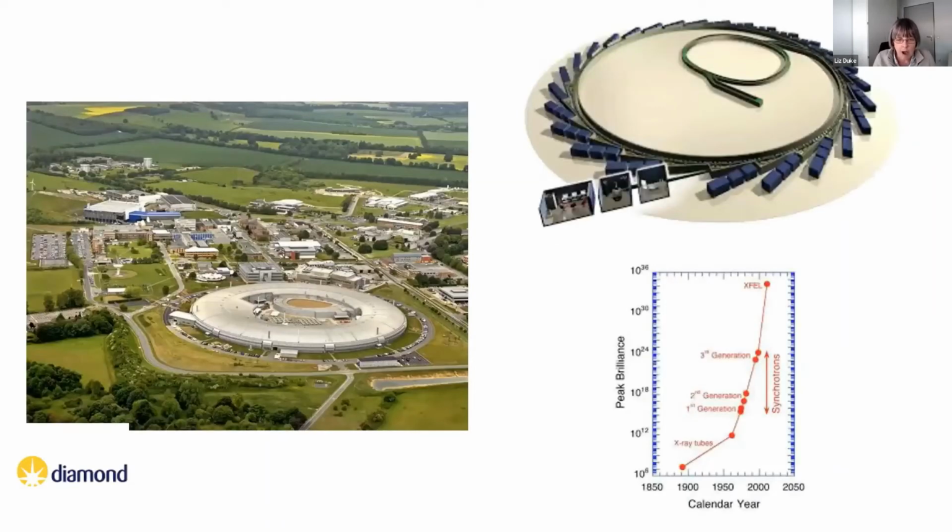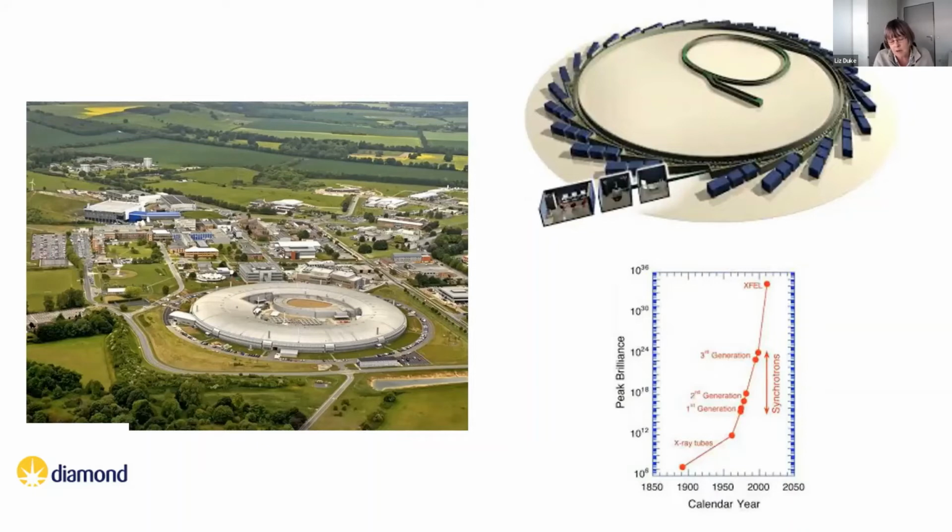And so I will just start by briefly introducing synchrotrons. I apologize if all of this is well known to you, but I decided it was easier to explain what's going on at a synchrotron rather than assume everyone knows. So as Rosy highlighted, synchrotrons are an incredibly powerful source of X-rays.